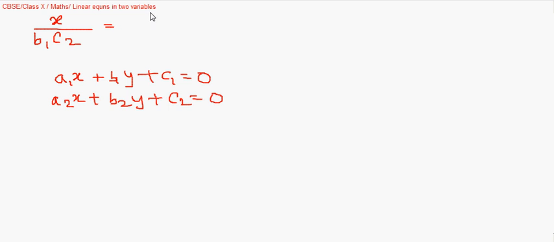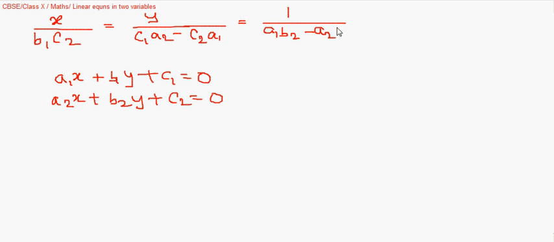So x by b1 c2, y by c1 a2 minus c2 a1, equals 1 by a1 b2 minus a2 b1.